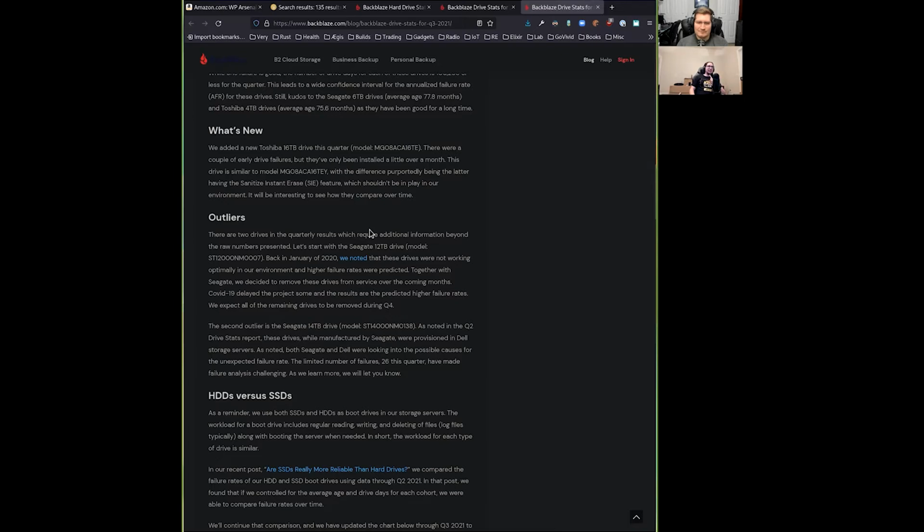One pool they bought from Dell and operated on Dell hardware, and once they updated the firmware on those drives, the failure rates greatly diminished, from like 5.6% down to like 4.6% for that quarter, or for the entire year. I don't remember the difference there.